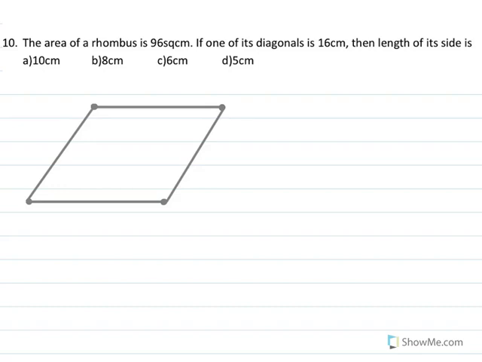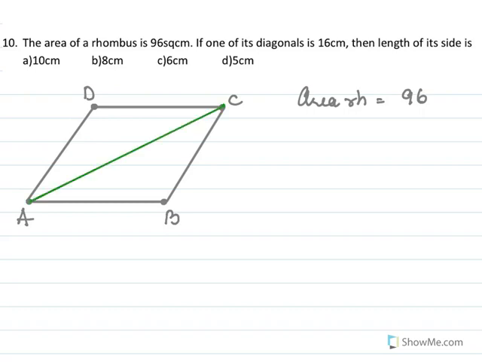The area of a rhombus is 96. So ABCD rhombus. So area of rhombus equal to 96. One of its diagonals is 16. So let's mark that. This diagonal now here is 16. So D1, say diagonal, equal to 16. Now we know the area of the rhombus.